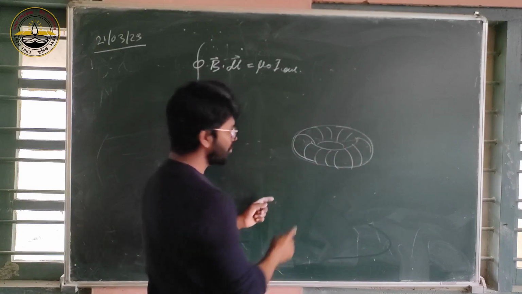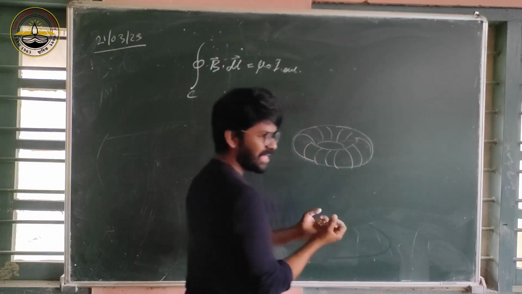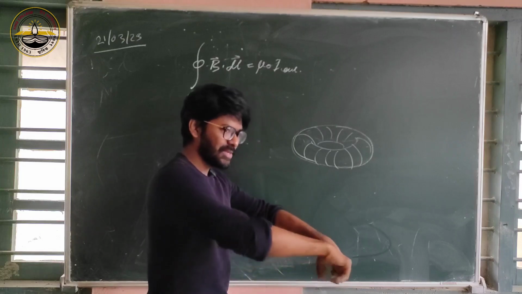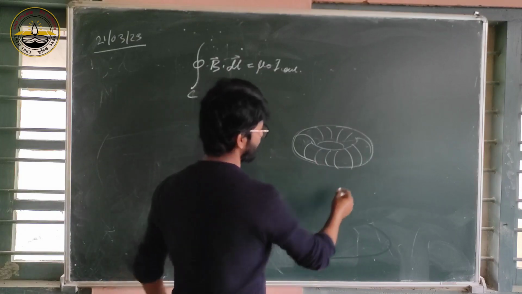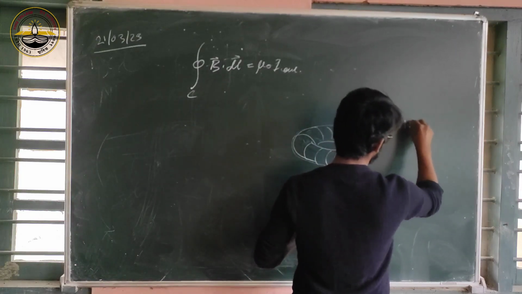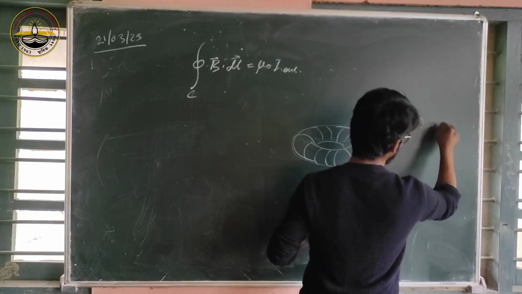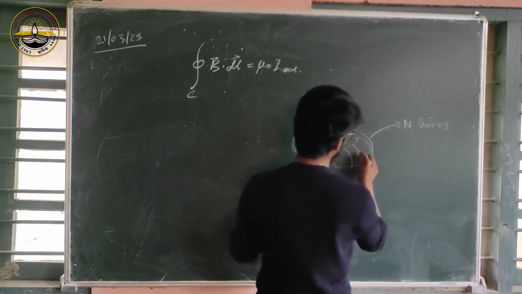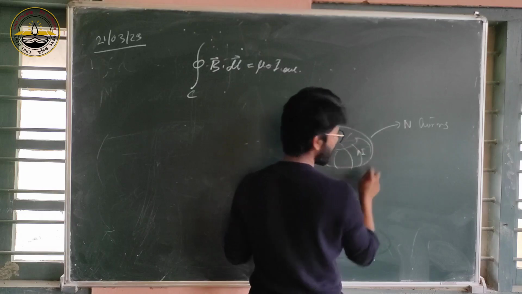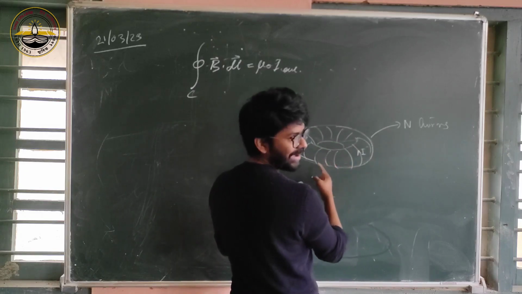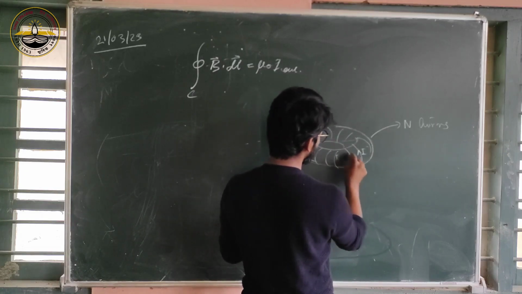You can take a long solenoid and bend it to form a torus. Let's say there are n total turns. So if current I is flowing, then it's I everywhere.